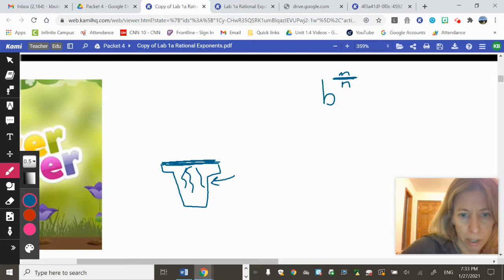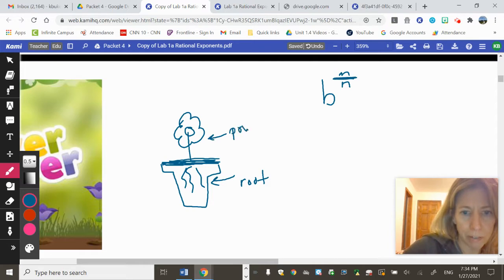The root, singular, is below the fraction bar, and on top is the flower, which rhymes with power. So on the top is the power, and to remember it's the power, we know it rhymes with flower, so that's where the mnemonic device flower power comes from.